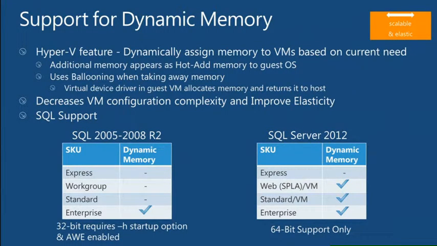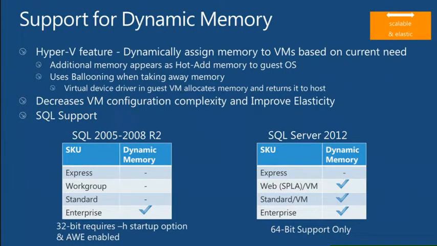Instead of saying, hey, I'm creating a VM and it gets 100 megs of RAM or 24 gigs of RAM, you have the ability to specify a min and max, so it can grow and shrink as you need. The idea behind this is it reduces the VM configuration complexity. You don't have to be precise. You know that your workload can expand and shrink, and the VM can expand and shrink along with it. And in essence, this is implementing elasticity, right?